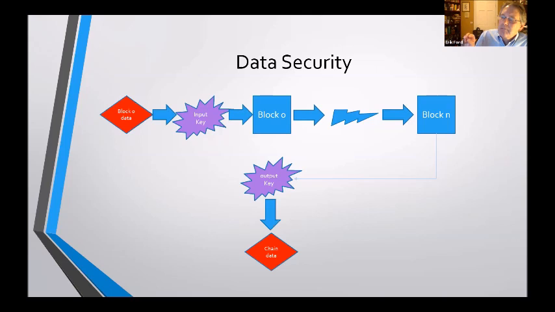The creator of the data has the input key, and the user of the data has the output key. That's because they're the ones creating the data, the others are just tracking it, and what they're tracking on a secure chain is unreadable to them.